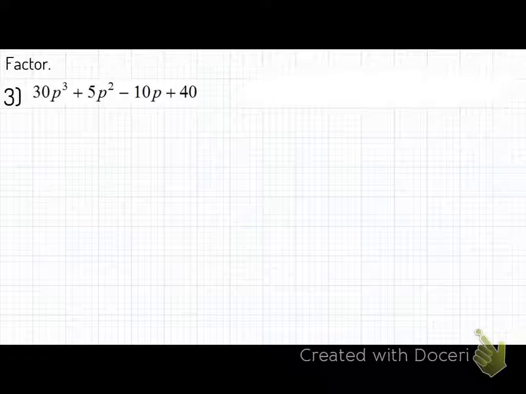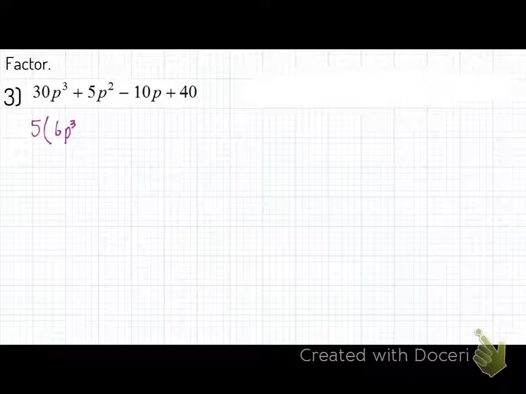Okay? So let's have you kids work it out with your group. So you should have taken out, right, a 5. Yes? Okay, good. So you should open parentheses. What's my first term, everyone? Good. 6p cubed. Next term? P squared, right? But we have to think about it. I want you to always answer it as positive or negative. So next term is what?